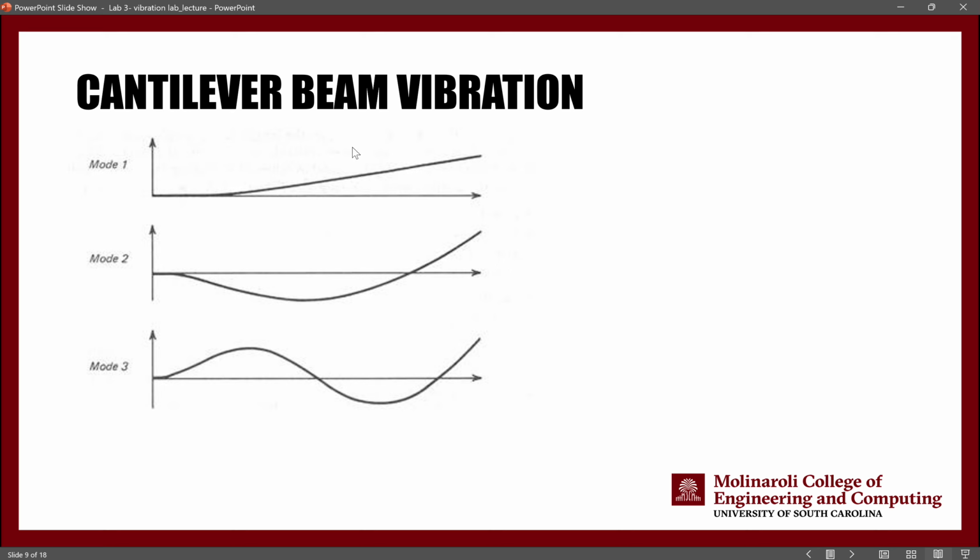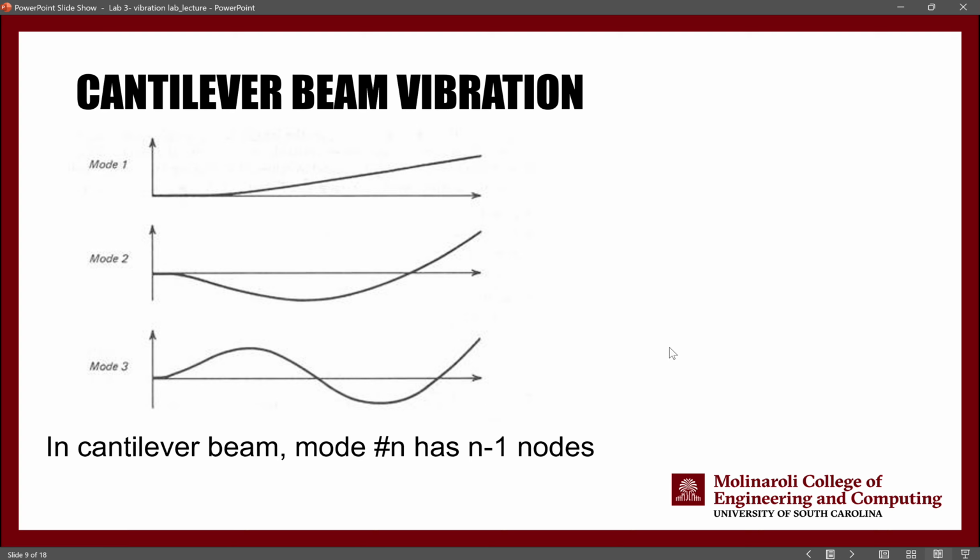There are no nodes here. The fixed support is not a node. This is a support, right? So the first mode of vibration for the cantilever beam has no nodes. Second mode of vibration is going to have one node, and the third mode of vibration is going to have two nodes. So the number of nodes is essentially n minus 1. The other one was n plus 1.